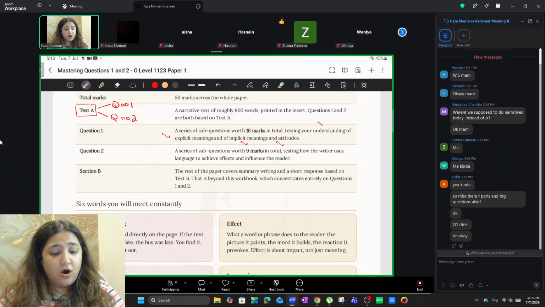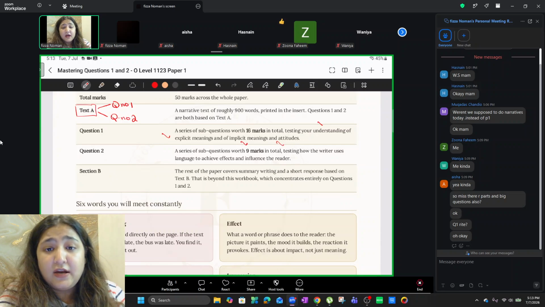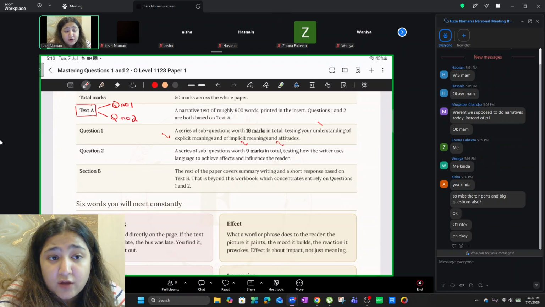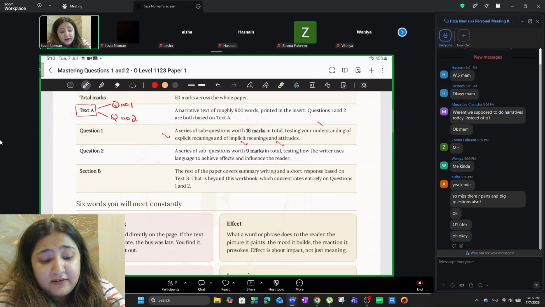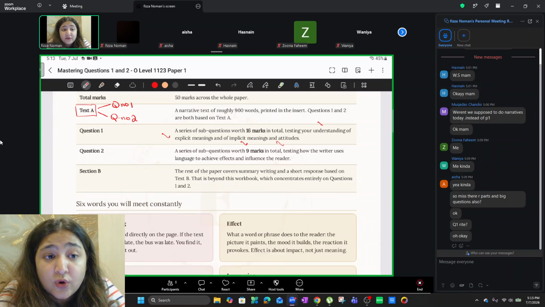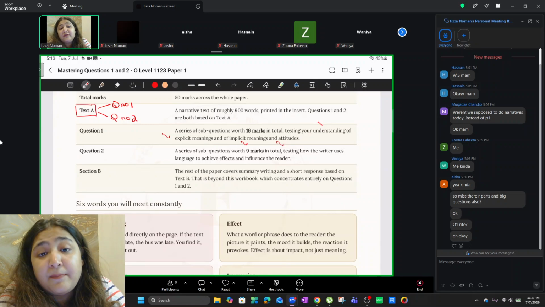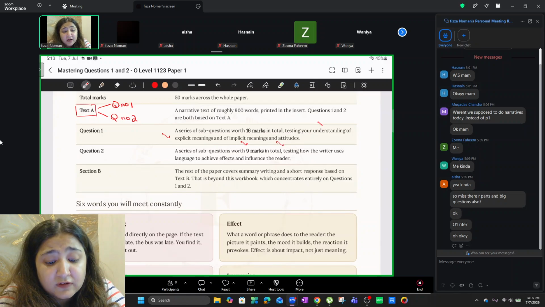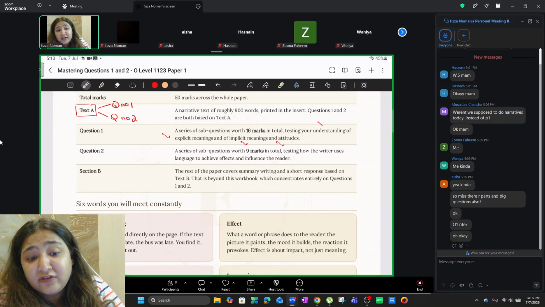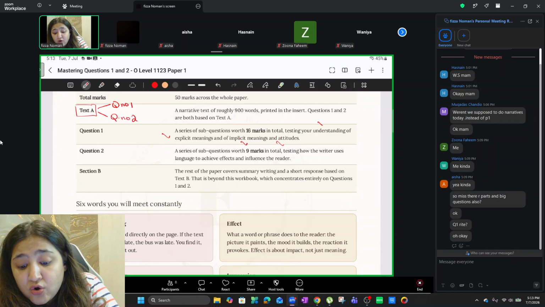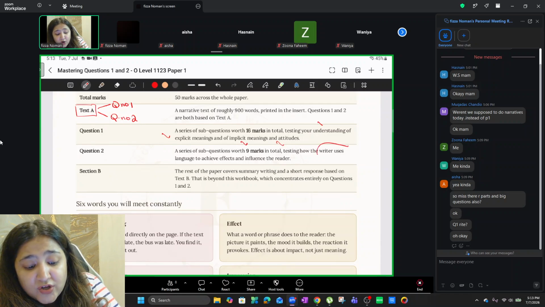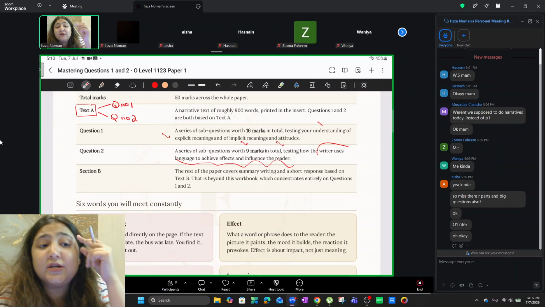Okay? Alright, as you can see in question 1 and 2, the document very clearly tells you that the series of sub-questions in question 1 is going to be a 16 marker in total, but obviously you're going to have sub-parts. Similarly, the same goes for question 2, you're going to have sub-parts, and these are going to test your understanding of how the writer uses language to achieve effects and influence the reader.